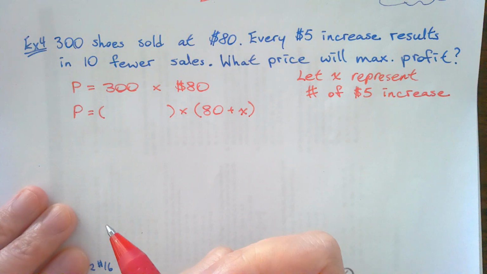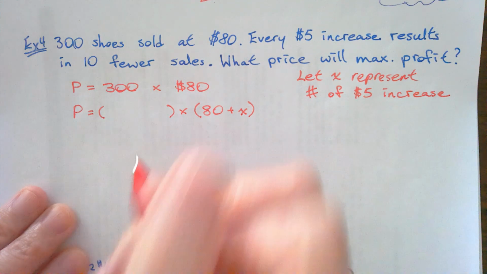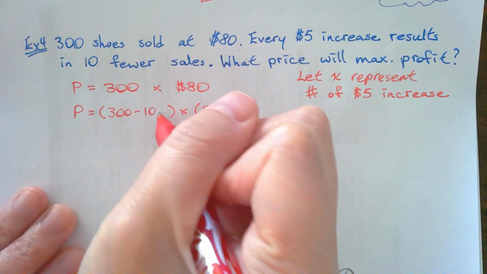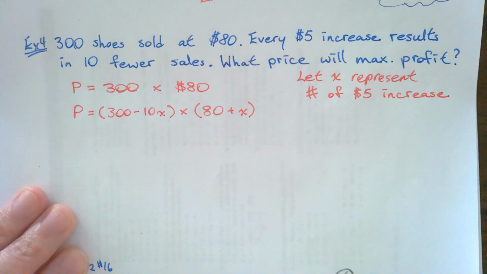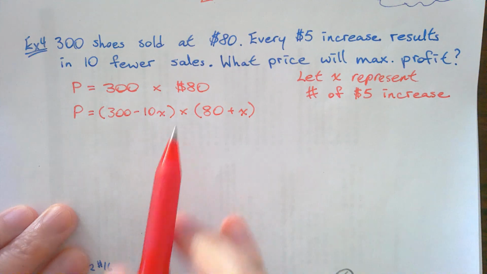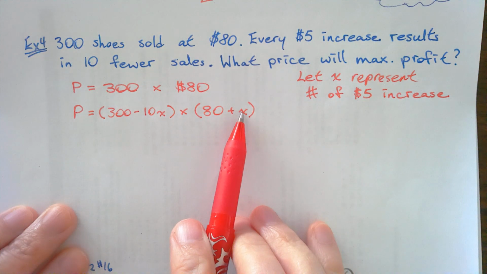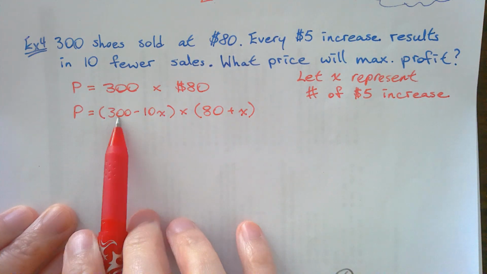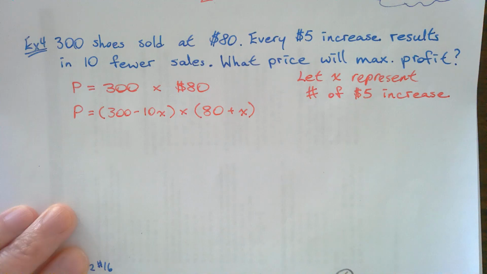For every $5 increase, minus. Excellent. That's it. Does that make sense? Because for every $5 increase, now that the price is like, let's say 85, 10 fewer people will buy the shoes.